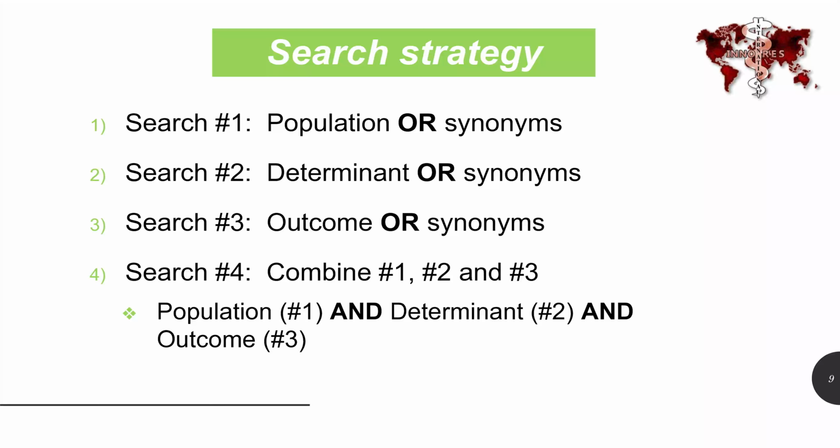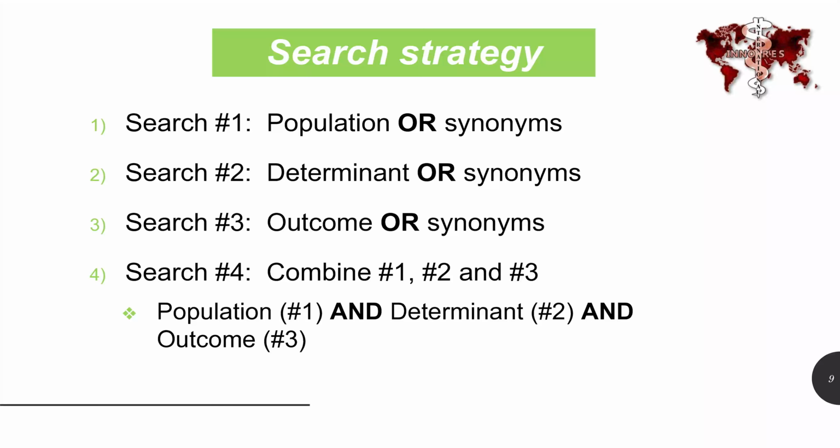Then the fourth component would be combining the first three components with the AND operator. I want to bring your attention to the fact that in the first three components we used the OR Boolean operator, which means we want either the population, tuberculosis, or its synonym. It doesn't have to have both.